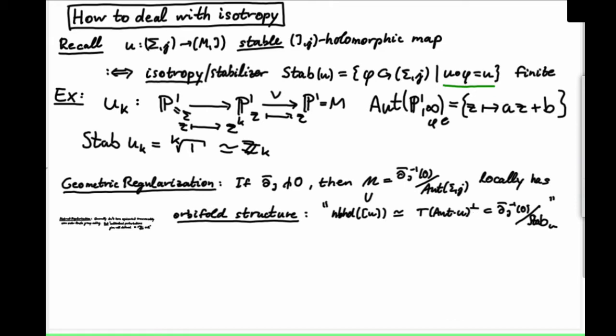What I meant to say here is it locally looks like this complement in the zero set, where we're thinking of linearizing, modulo the stabilizer at that point. So if you've seen orbifolds, great, that's the local model for it. If you haven't seen them, you're very briefly seeing them today. Is that also just for discrete? That's just for discrete, yes. Orbifold means it's a finite group.